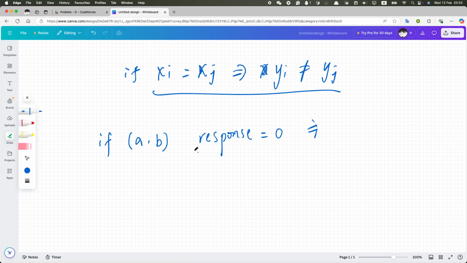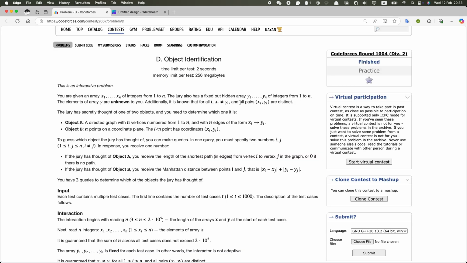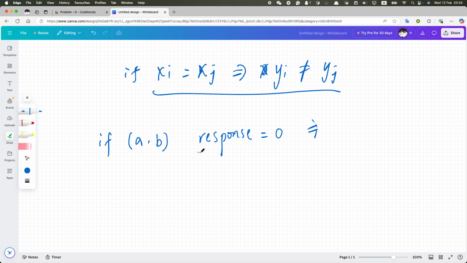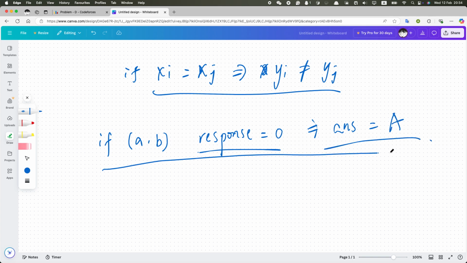That is because we don't have any two pairs that are equal, right? Because all pairs are distinct. So the Manhattan distance between any 2 points must be bigger than 0. So if the response equals 0, the answer must be A. That is very important.